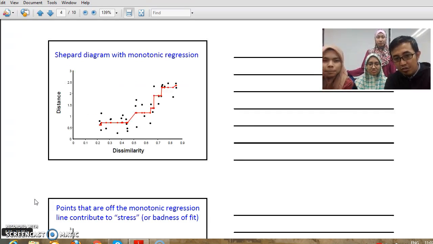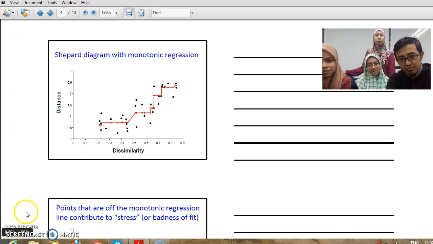So, all of you, can you explain a little bit about this diagram? Give some idea. I think you have an idea. What's your idea, Kak Ayu? The red line.